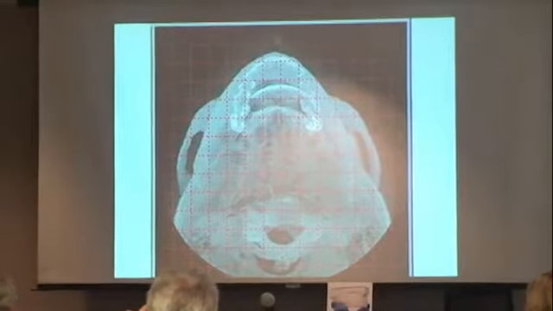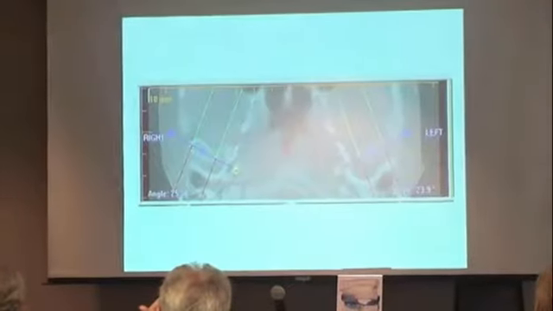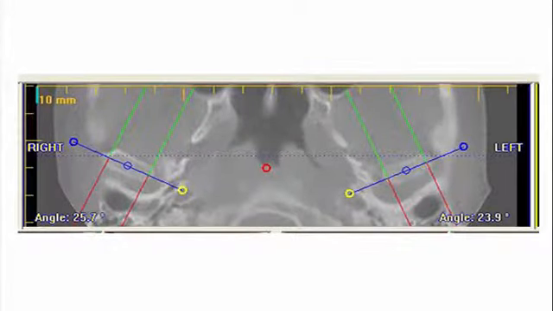Okay? You're with me. Then what we did was, having defined the sagittal plane, we drew a line perpendicular to the sagittal plane, and the computer from the ICAT already measures the angle relative to that perpendicular. Okay? So it measured, for example, that this condyle was 23.9 degrees relative to the perpendicular to the sagittal. And then this one side here was 25.7.